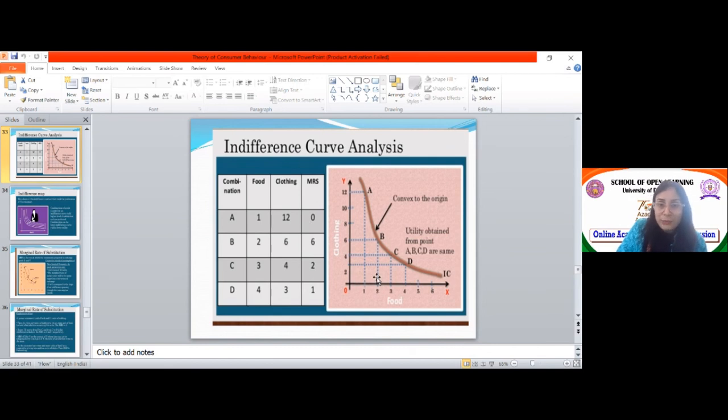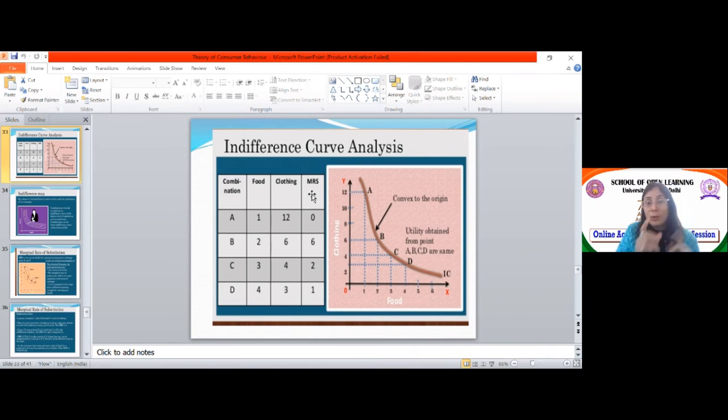Here, if you want 2 units of food, then you have to decrease to 6 units of clothing. Then MRS is 12 minus 6, which is 6. Now you want a third unit of food, so you have to get rid of 6 minus 4, which is 2. Here you get the fourth unit, then you have to give up more clothing again. Now 3 units: 4 minus 3 is equal to 1.